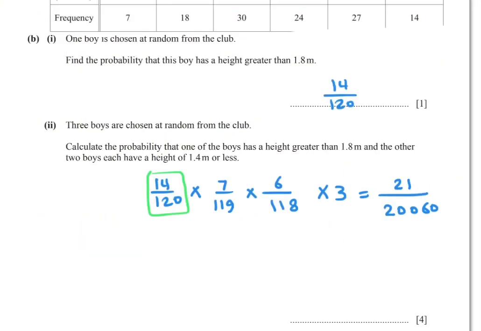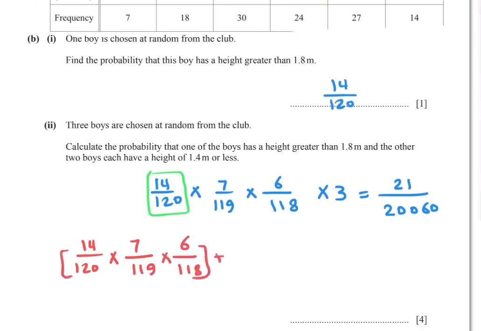Or in detail, we have 3 cases. The first case, if the first boy is greater than 1.8, we have 14 to choose from, so 14 over 120. And the second boy, 1.4 or less, we have 7, so 7 over 119. And one more boy, so 6 over 118.